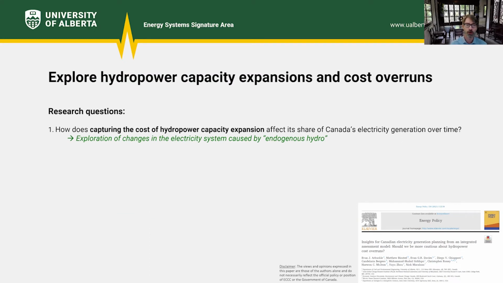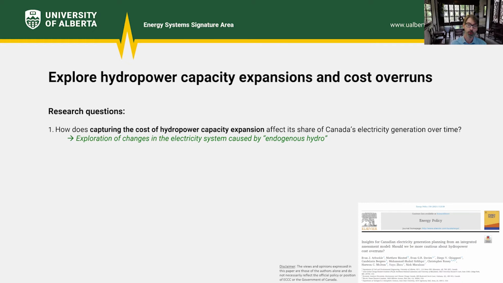And so our aim for this study was to explore hydropower capacity expansions and cost overruns. And our research questions were, how does capturing the cost of hydropower capacity expansion affect its share of Canada's electricity generation over time?